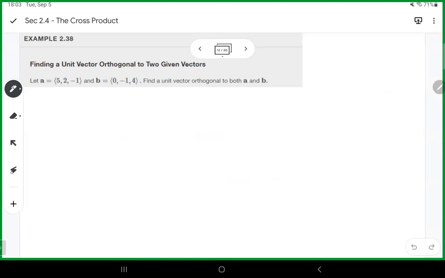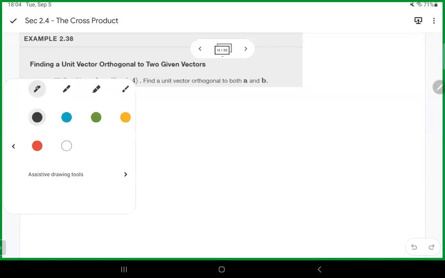Okay. So finding a unit vector orthogonal to two given vectors. If we let vector A be 5, 2, negative 1, and vector B be 0, negative 1, 4, we want to find a unit vector orthogonal to both A and B. So the first thing you have to do is figure out your cross product.